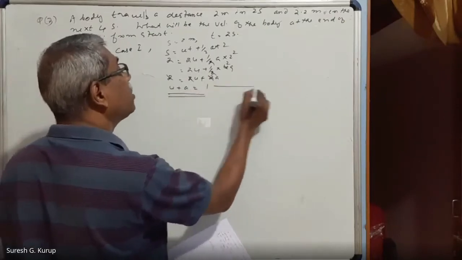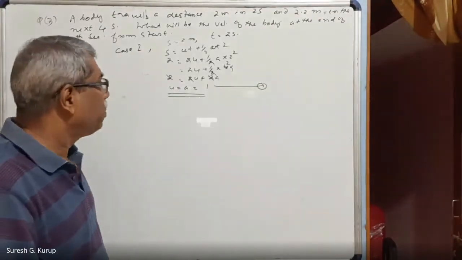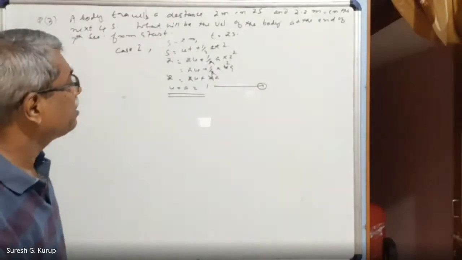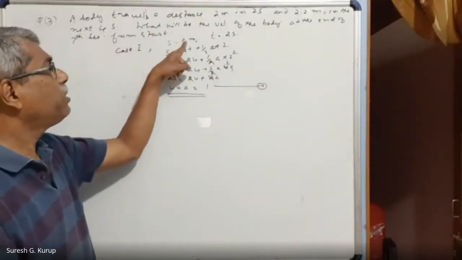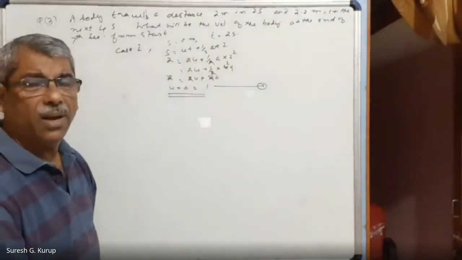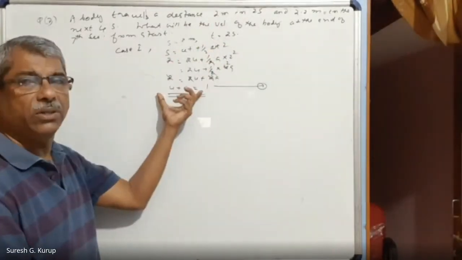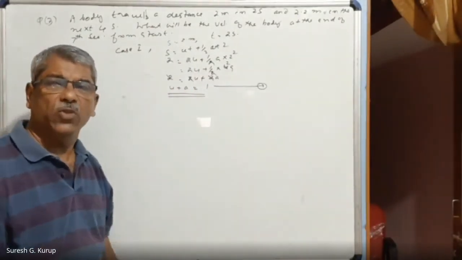This is equation number 1. In case 1, the body travels 2 meters in the first 2 seconds. According to that condition, we have derived an expression and got u plus a is equal to 1.